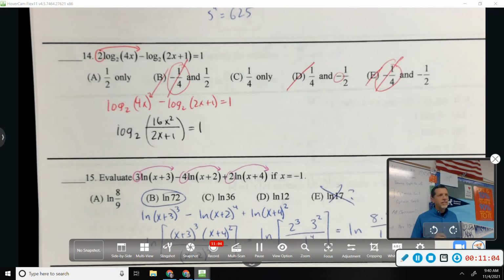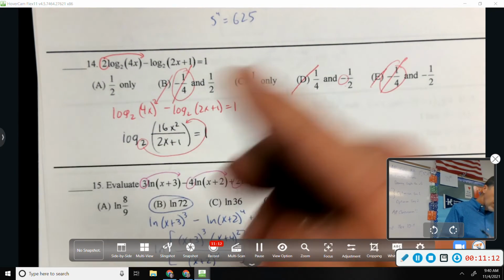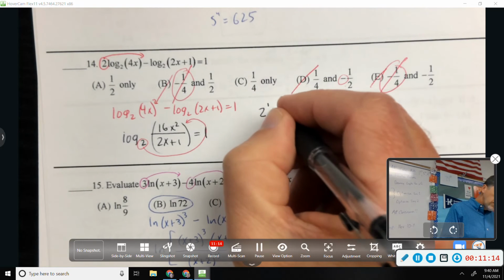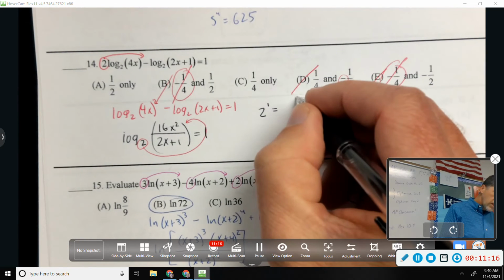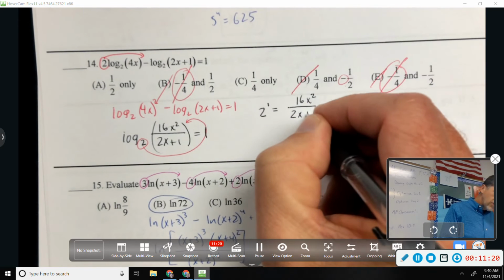What do I do next? You just do the fishhook thing. So 2 to the first equals 16x squared over 2x plus 1.